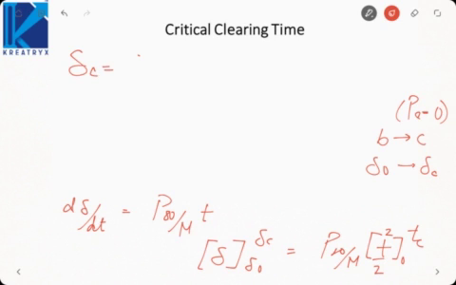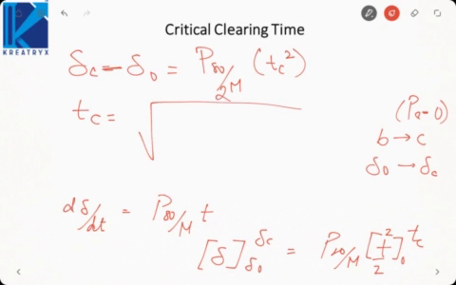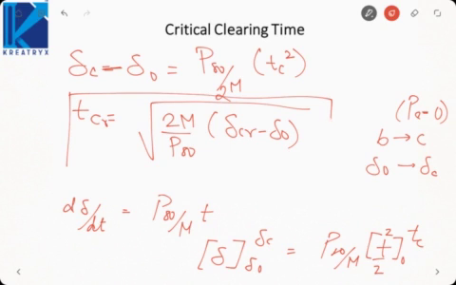So delta C minus delta naught is equal to Ps naught by 2M Tc square. So Tc will be square root of 2M by Ps naught into delta Cr minus delta naught. This will be my critical clearing time.